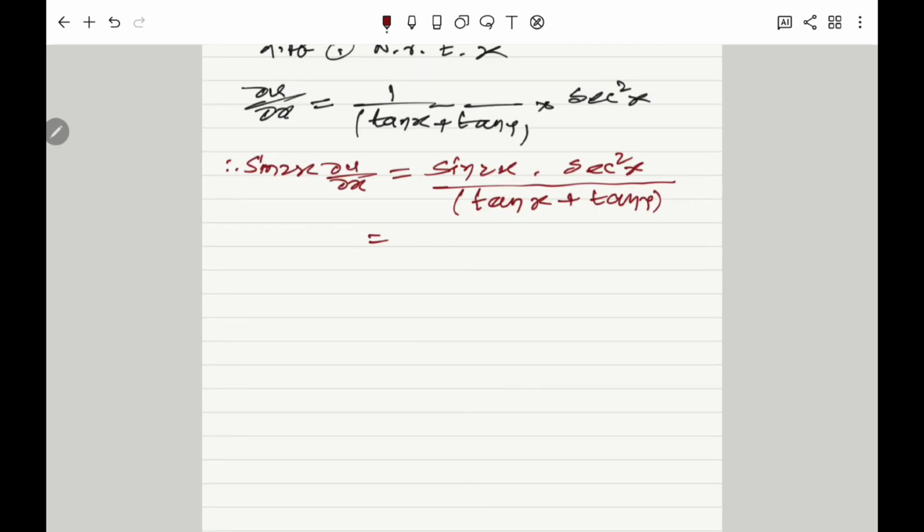Simplifying it further, sin 2x I can rewrite as 2 sin x into cos x, a standard trigonometric result. Secant square is nothing but 1 by cos square, and whole divided by tan x plus tan y.